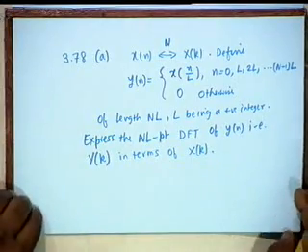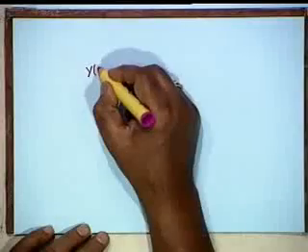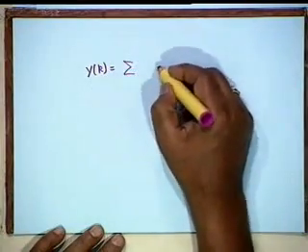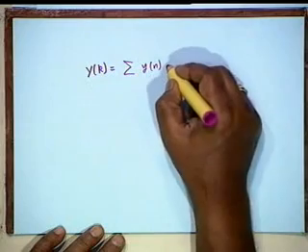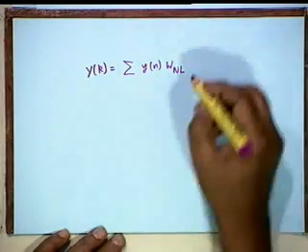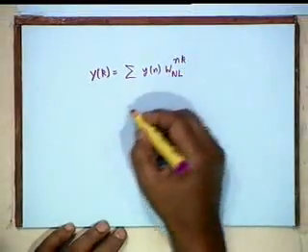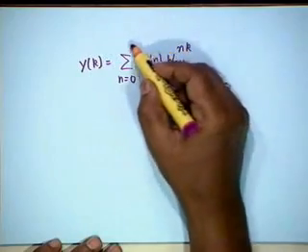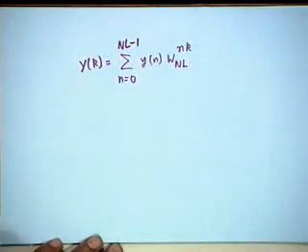Now, we start from the definition of the DFT. Y of k is equal to summation y of n, W NL point raised to the power nk, where small n is 0 to NL minus 1, right.